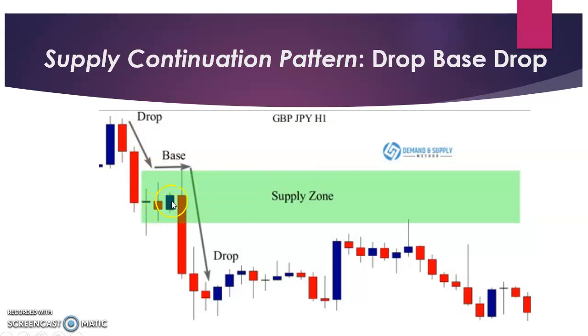Now the second one is going to be this small candle before these big moves down, and that's going to form our supply zone. So we simply just wait for price to come into this supply zone that we marked here. We allow price to come back into that place, and to join the movement to the downside.